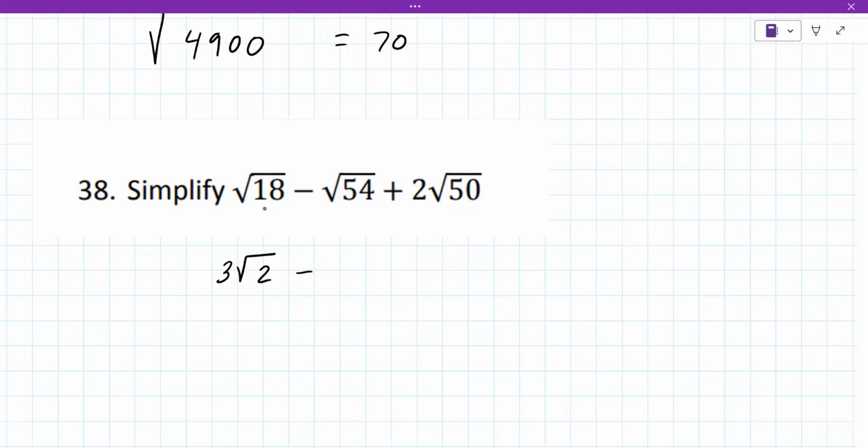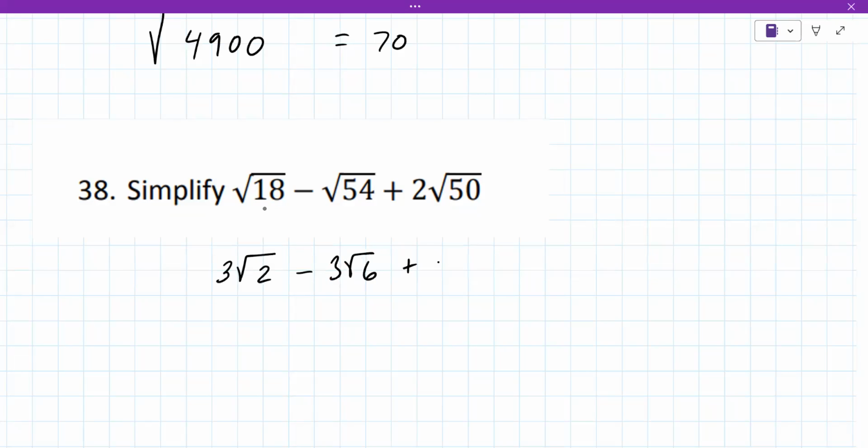It is not. It's divisible by 2, that's 27. Maybe by 9? Yes, it's divisible by 9. 9 times 6. It's 3 square root of 6. Okay. 3 square root of 6, I agree.